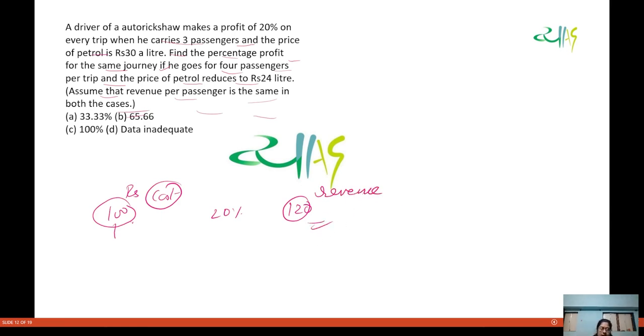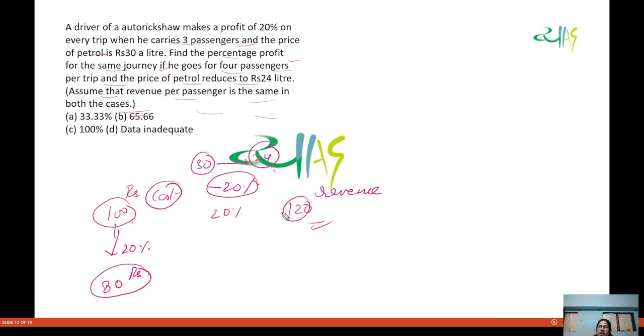Now the cost of the petrol goes from 30 a liter to 24 a liter, which means the price decreased by 20%. So let's say 80 rupees is now the cost of carrying the passengers.